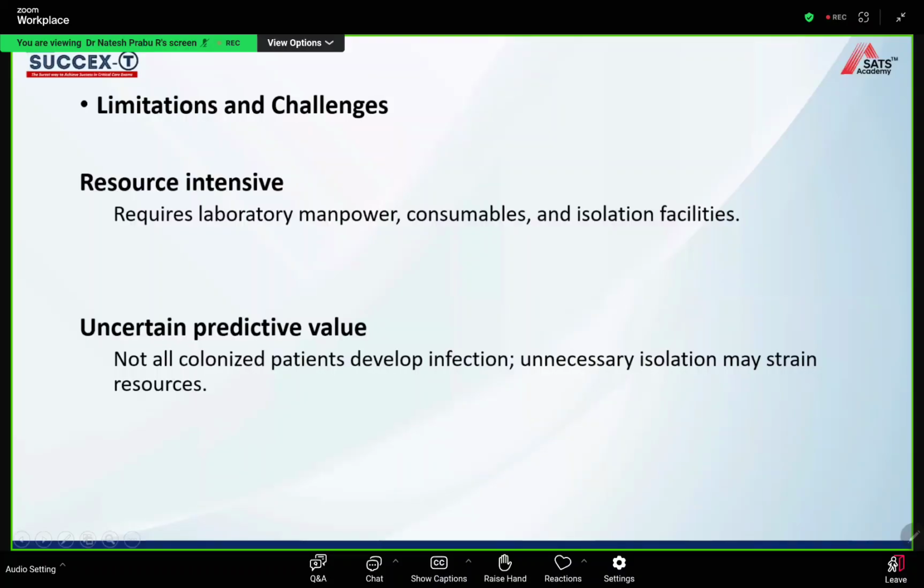Coming on to the limitations and challenges of surveillance cultures, it is resource intensive because it requires laboratory manpower, consumables, and isolation facilities. It has an uncertain predictive value because not all colonized patients develop infection, and unnecessary isolation may consume resources.